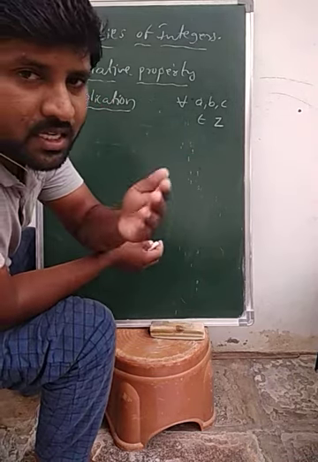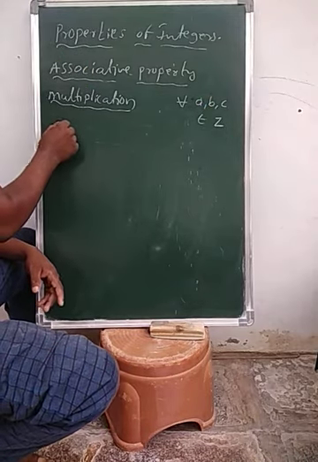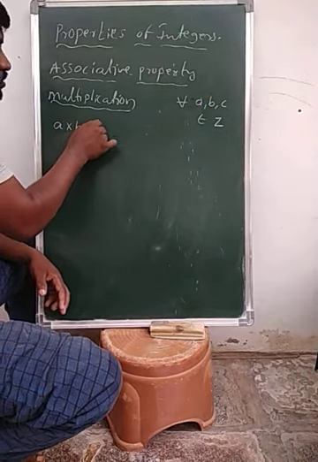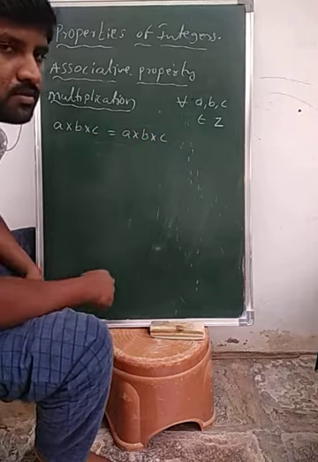Now again you consider any three integers a, b, c. The form should be a into (b into c) is equal to (a into b) into c.